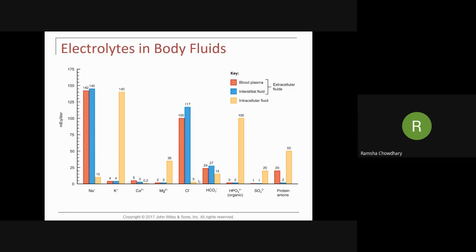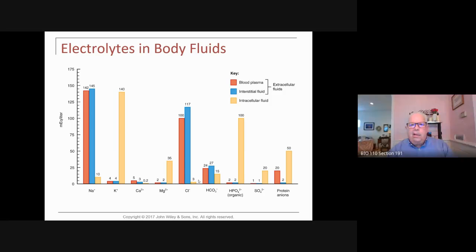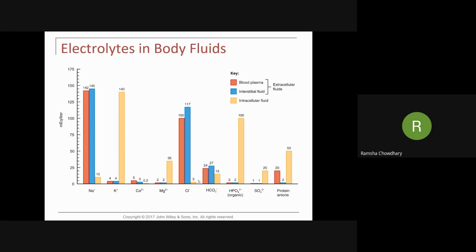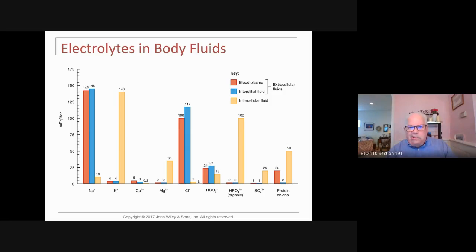Is it chloride? Yeah, you're right. Chloride. So those are the kind of questions I'm going to ask you from this chart, and you won't see the chart, but this is what we're talking about. Okay. All right. Onward.